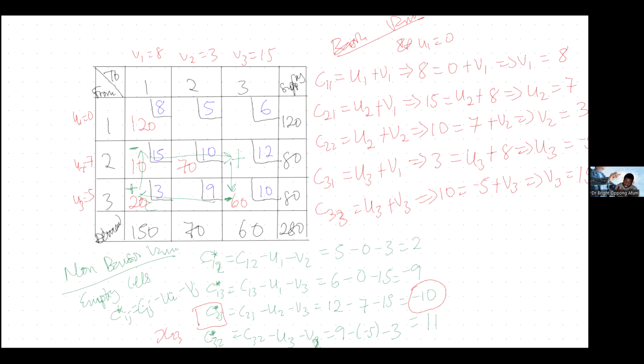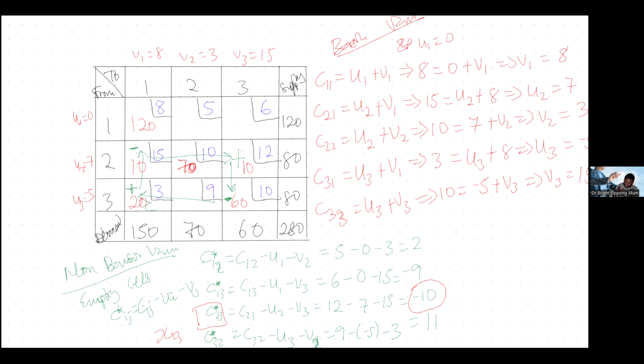So how much can I allocate there to balance? Let's do the allocation. You can allocate 70 because there's already 70 in X22. So we can only allocate 70 here. Then the 70 will change because it's positive, it moves down to be negative.